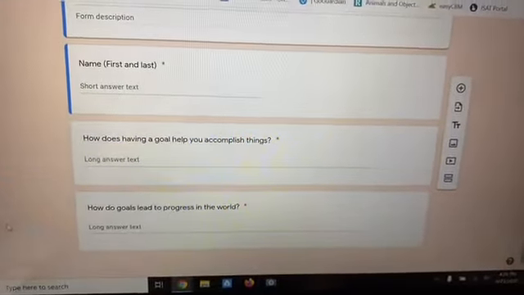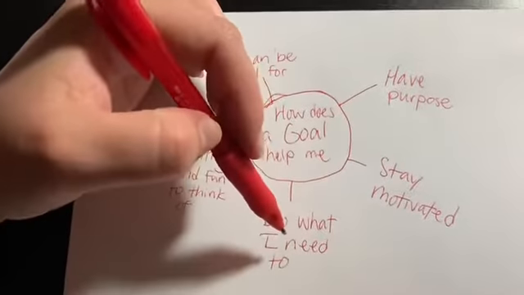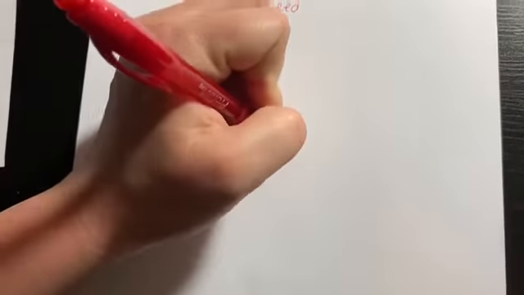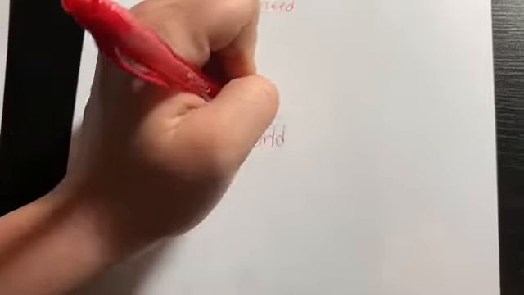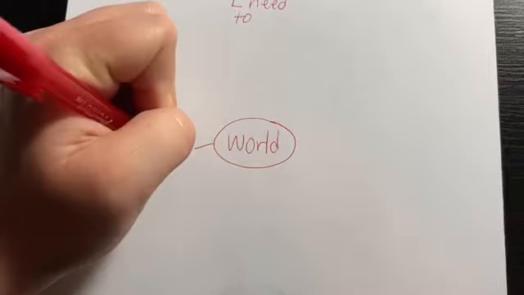Okay, then finally, how do goals lead to progress in the world? Well, these things help me personally, but one of my goals was to become a teacher, and that affects people in the world besides myself. Now, how do goals help the world? Well, if nobody had a goal, then nothing would get done.